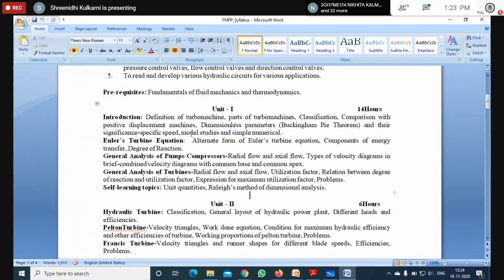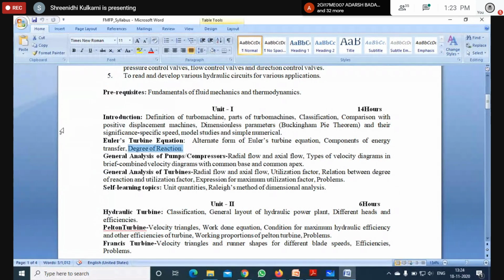And here you can see the specific speed, model studies, and simple numericals on that, on prototype and model. Next, Euler's turbine equation, alternate form of Euler's turbine equation, and components of the energy transfer. Next, degree of reaction.